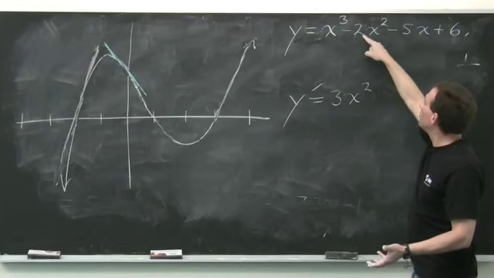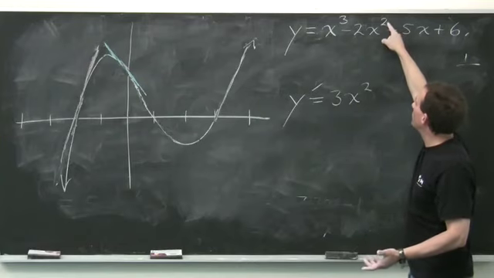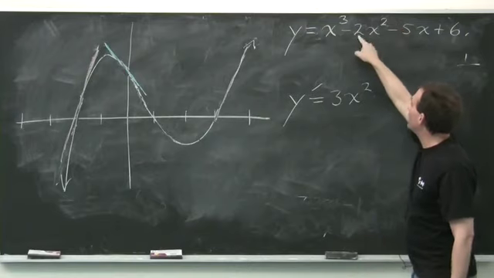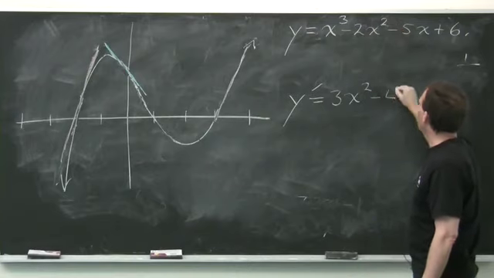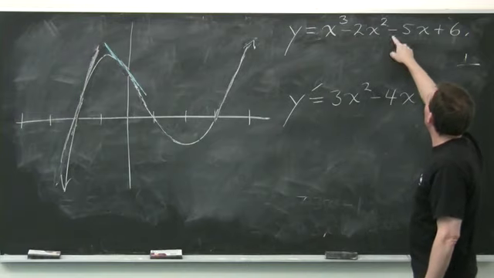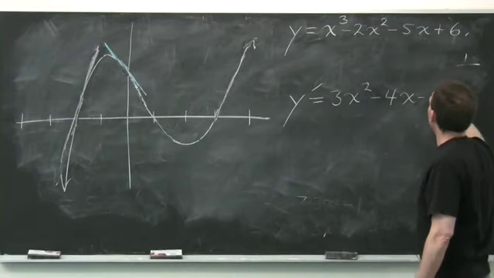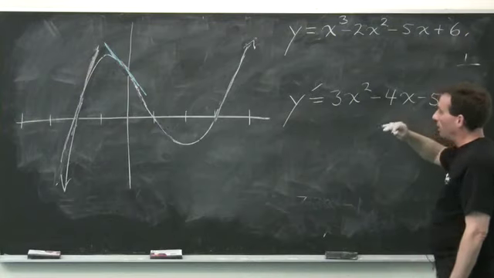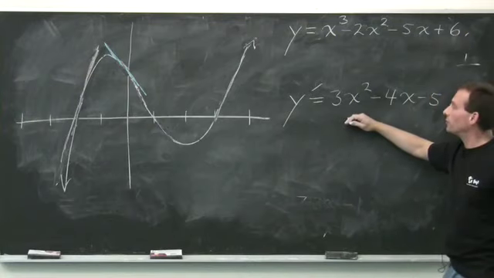That constant just goes along for the ride, and you apply the power rule to x squared. You get a 2, x to the 1, so that's just a 2x, but it's minus 2 times 2, so minus 4x. The derivative of minus 5x, you just get minus 5 times the derivative of x, which is 1, the derivative of a constant 0. So this is the derivative of our function.